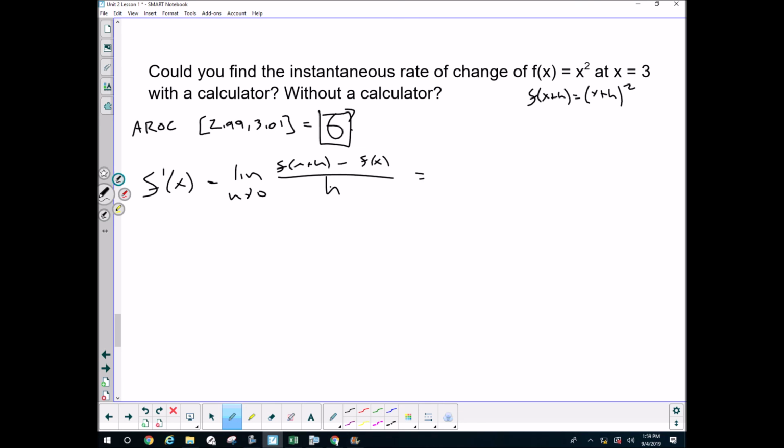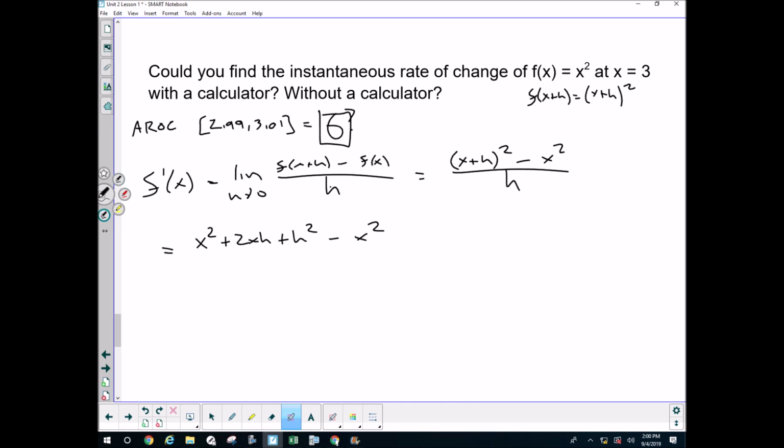Okay, let's plug that stuff in. X plus h squared minus x squared over h. It's finding this limit as h approaches 0. I'm going to go ahead and square the x plus h. X squared plus 2xh plus h squared. You will find that this is not important in the future. Minus x squared over h.